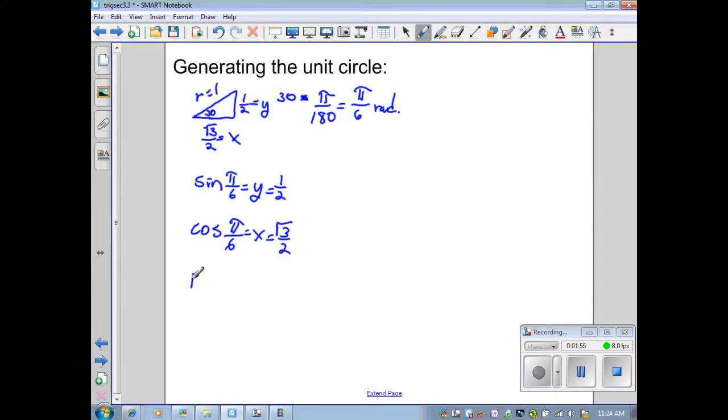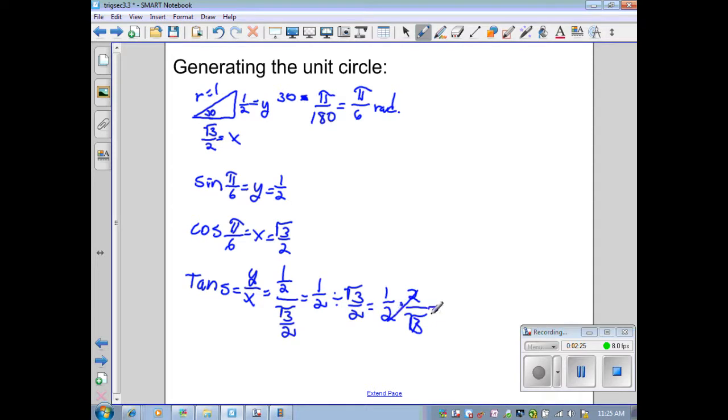And tangent of s is equal to y over x, which will give us 1/2 divided by the square root of 3 over 2. And when I continue simplifying, this equals 1/2 times 2 over the square root of 3. But when I simplify, that gives me 1 over the square root of 3.